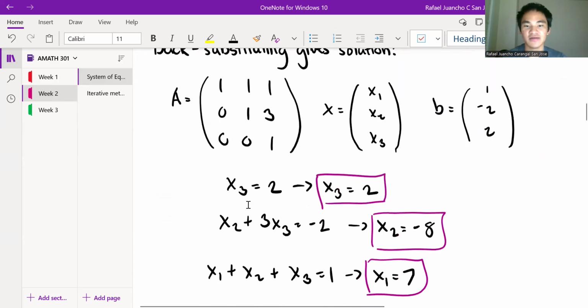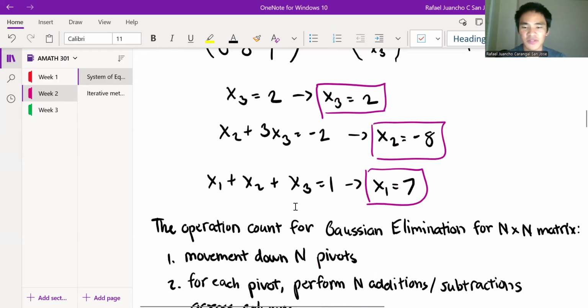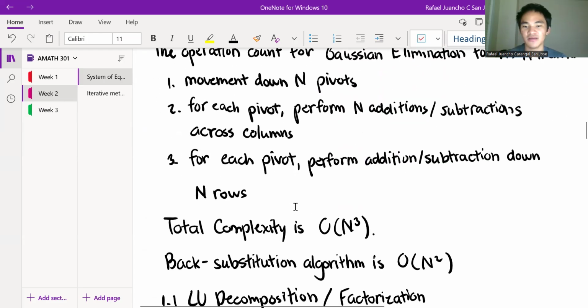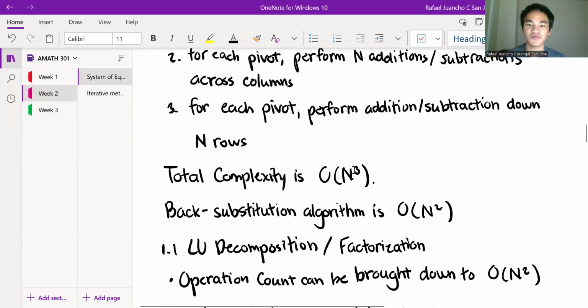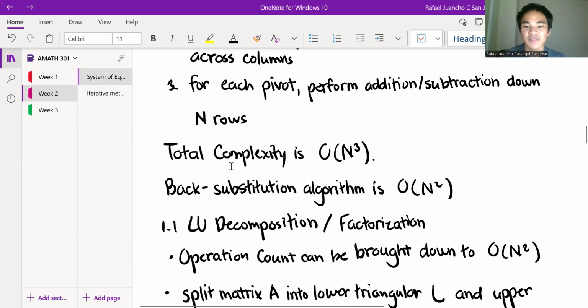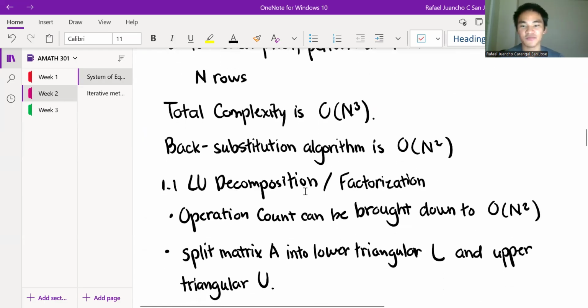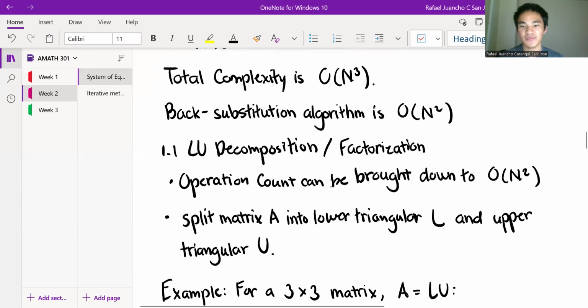And we realized here that its computational complexity in big O notation is O(n cubed), which is quite slow, if we're being honest. And so we decided to talk about another technique for computing Ax equals b, which is using an LU decomposition or factorization.